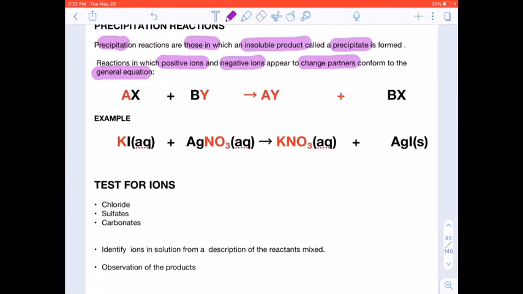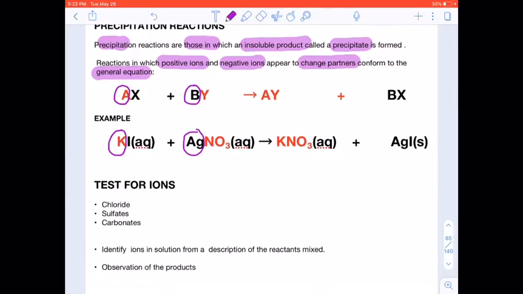Right, which means if you look at here, you have, for instance, this and this. And here your A, in potassium iodide, your A refers to K. And in this one, you've got B, which refers to Ag.